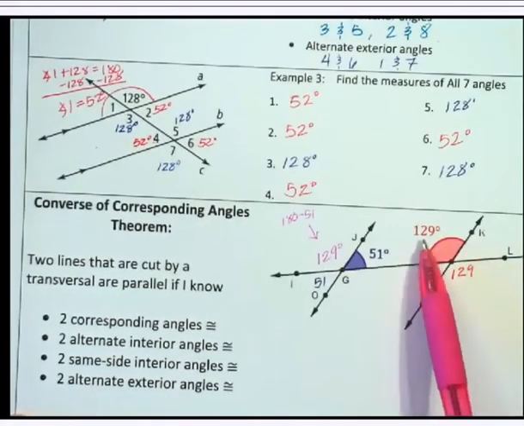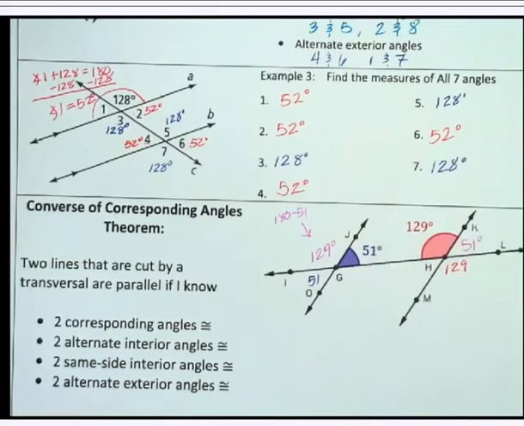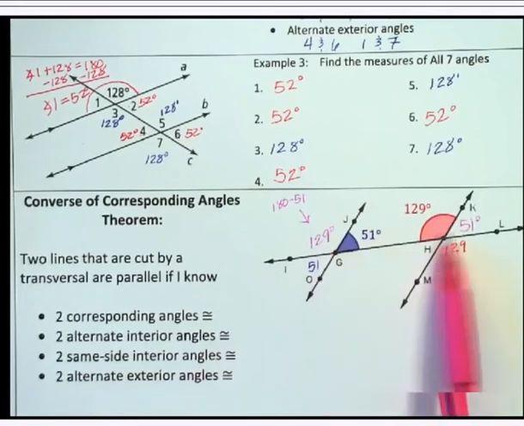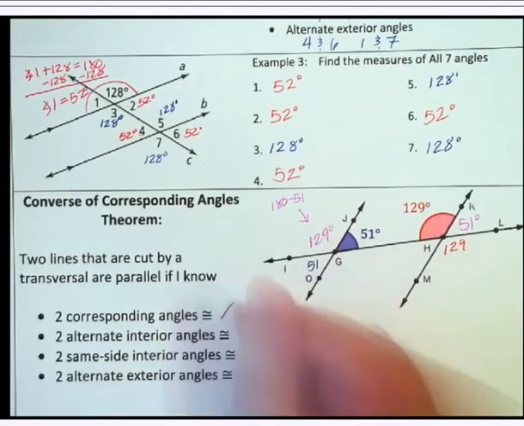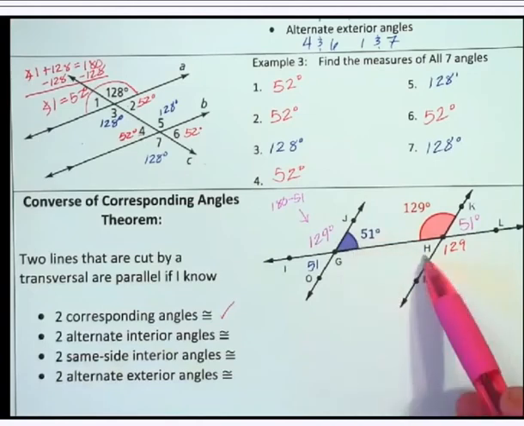So if I did 180 minus 129, I'm obviously going to get 51. Okay. So you can just go through here and show if I have these two corresponding angles, so 129, 129, 51 and 51, then I can prove two alternate exterior. That's alternate interior, sorry.